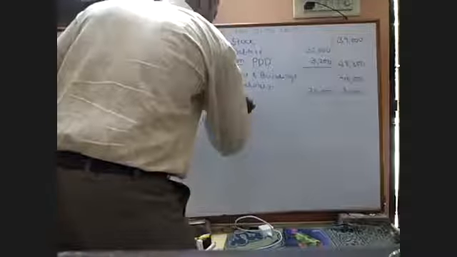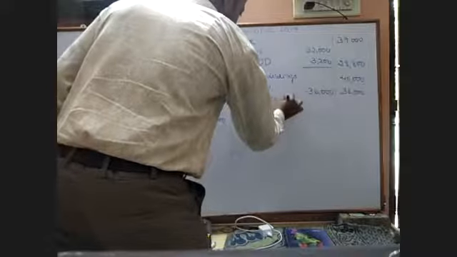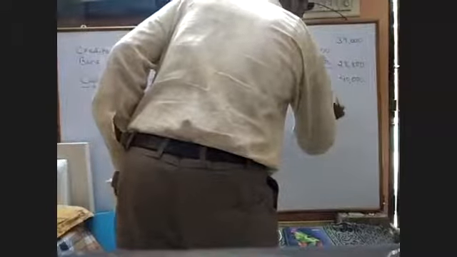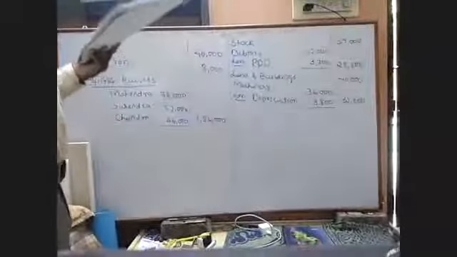Yes, I understood. 36,000 less depreciation. I think it is 3,200, right? Or 3,800. It is 32,200.